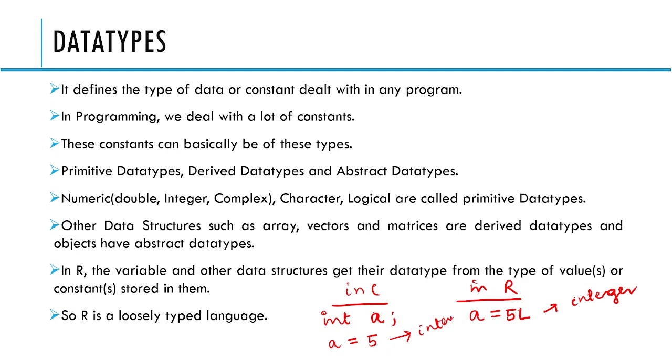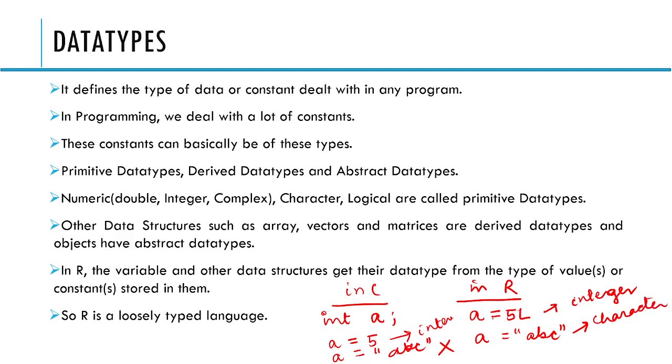So in this case, in C, a can be assigned an integer only. That means after that, if I write a is equal to ABC, then it will be a wrong statement. But in case of R, if I write a is equal to ABC, at that very moment, a becomes character type data.